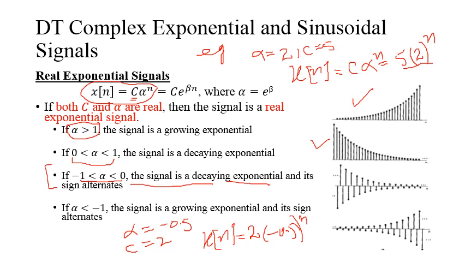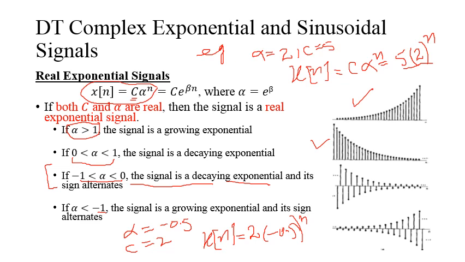But again, because there is a minus sign involved, for even values of n it will be positive, for odd values of n it will be negative. So the resulting signal will be exponentially growing. Why? Because its value is less than -1, maybe -2, -3, or whatever, right?